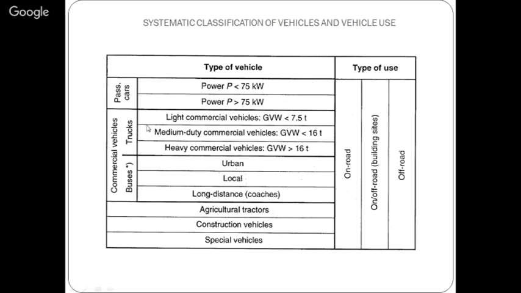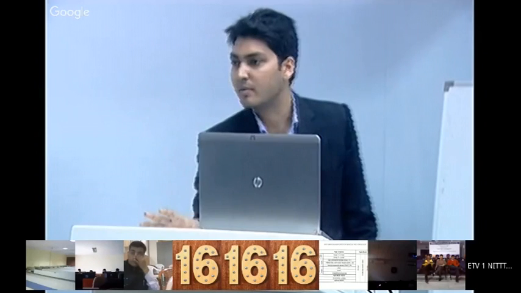This is the commercial segment, and other applications of vehicles are agriculture tractors, construction vehicles, and special vehicles. Army vehicles are using 4x4 transmission. Then the special vehicles, the Swachh Bharat vehicles, which are going to be introduced by our government within few months. So this is basically the types of vehicle.